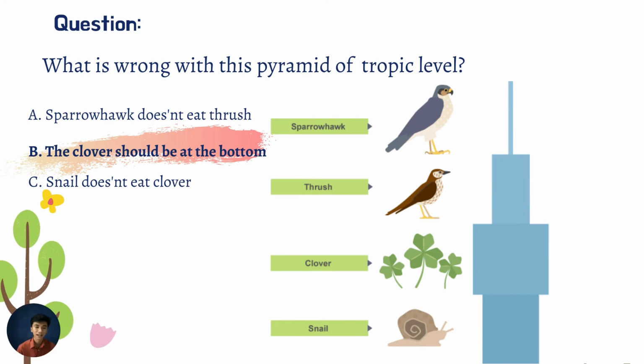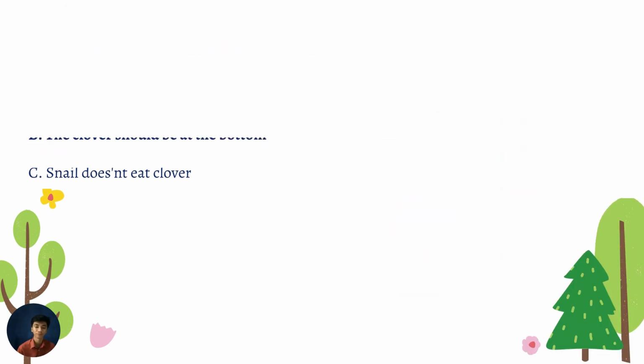Okay, the answer is letter B. The clover should be at the bottom of the energy pyramid. Let us always remember, because clover is a producer, it should always be at the bottom of the energy pyramid.